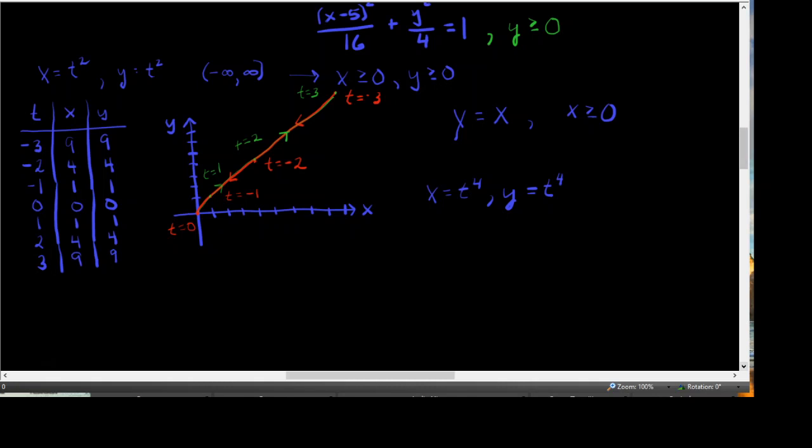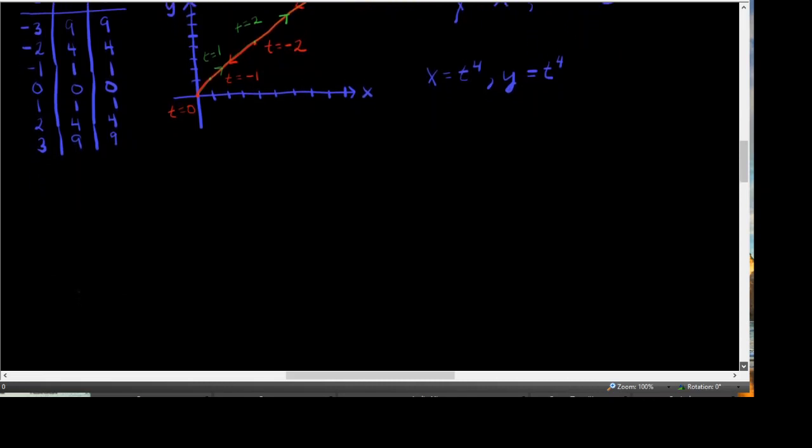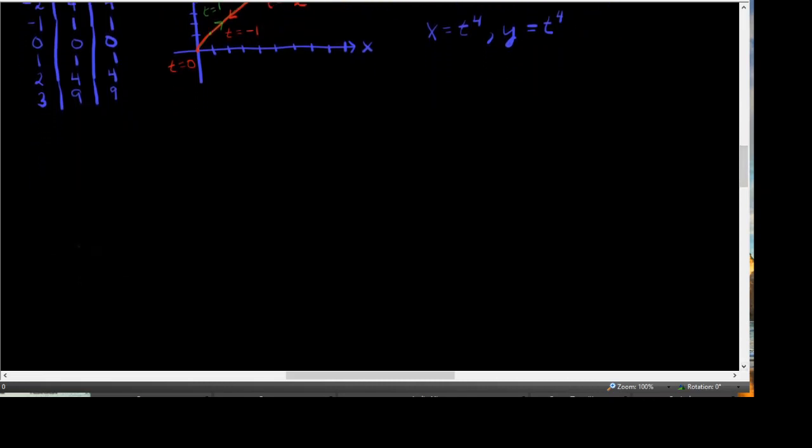So if that's true and you're asked to find the parametric equation for something, let's say you want to do y equals 3x squared plus 5x, and you were asked to write that in parametric form.